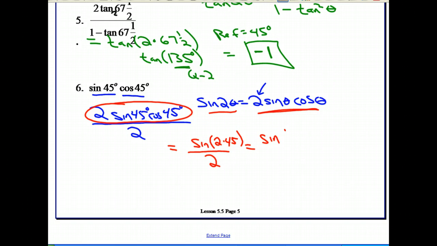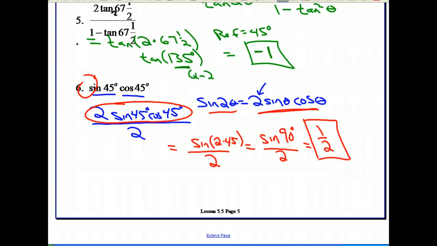So it's the sine of 90 over 2. The sine of 90, you guys know that one, that's the y-coordinate. Sine of 90 is 1. So I get 1 over 2. A little bit of a trick in that one because we were missing that 2 in front, but we just multiplied by 2 and divided by 2. That gave us this top perfect match.